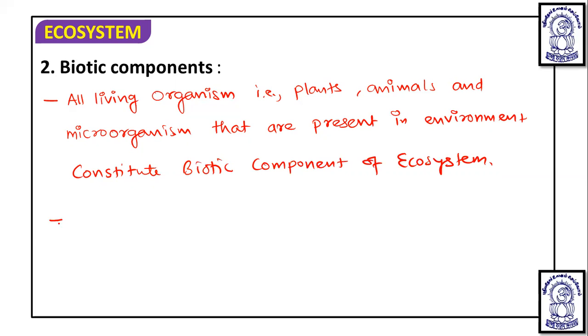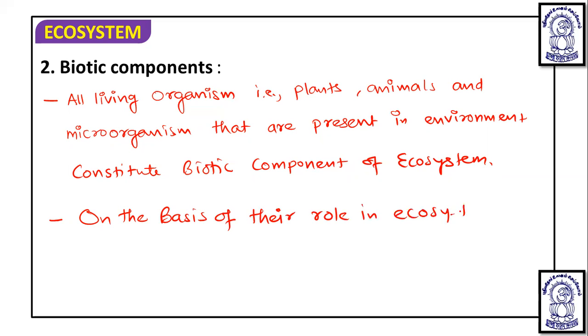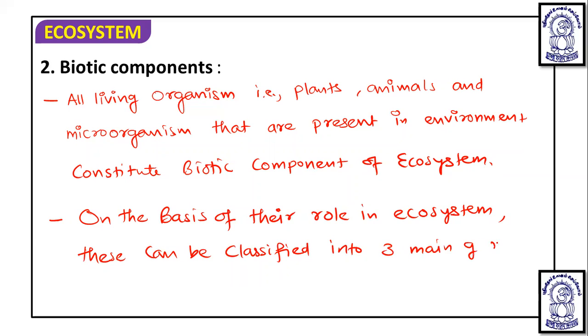And here these plants, animals, microorganisms that are the living component, the biotic component of the ecosystem, on the basis of their role in the ecosystem, can be classified into three categories or three main groups.